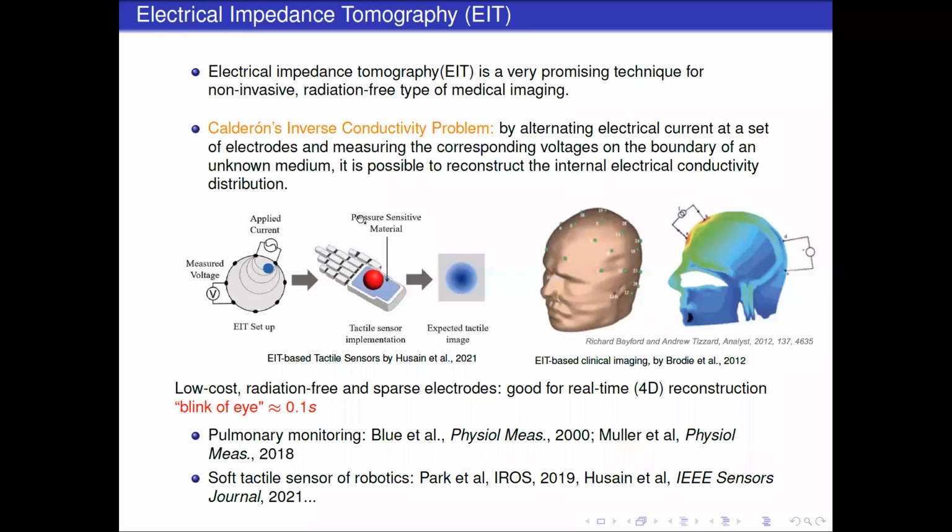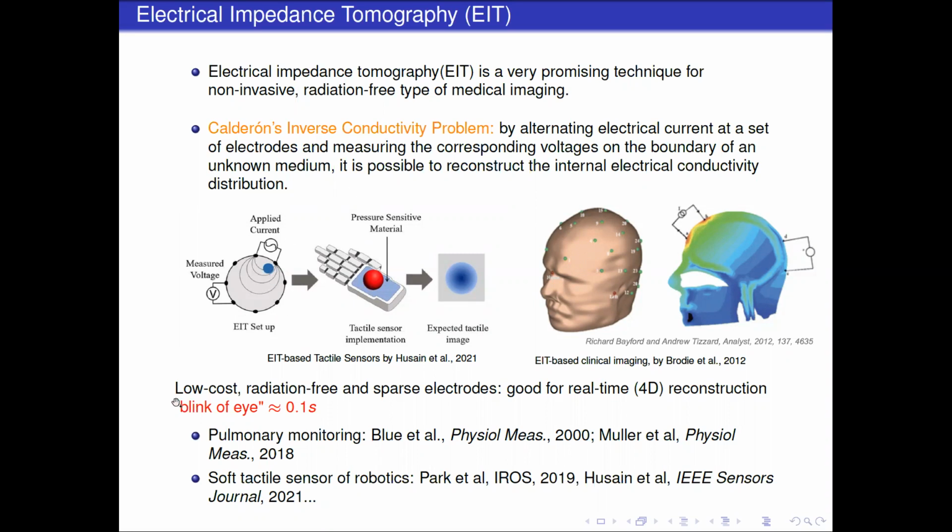I think people here may be very familiar with these two types of inverse problems, but still, let me spend a little bit of time introducing these two techniques. EIT is known as Calderon's inverse conductivity problem. If we have some inclusions buried in the object, we apply current and measure the resulting voltage, and use these pairs of data for reconstruction of the inclusion.